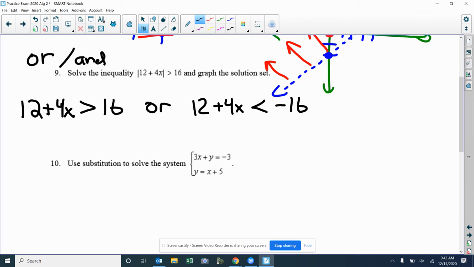So there is a little bit going on here on this absolute value problem. Figure out if it's an and or an or. Write one exactly the same, and for the second one, switch the inequality and make it negative. Now you're just solving, and we're going to put them on a number line.